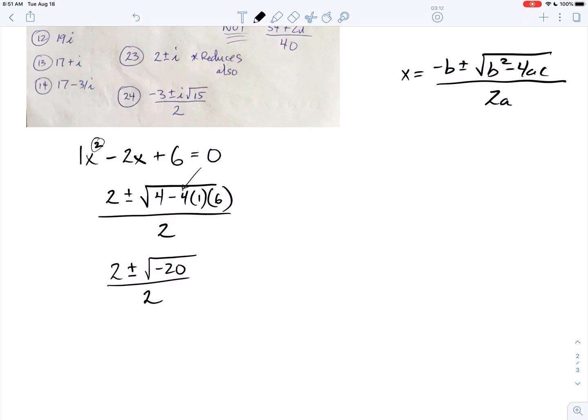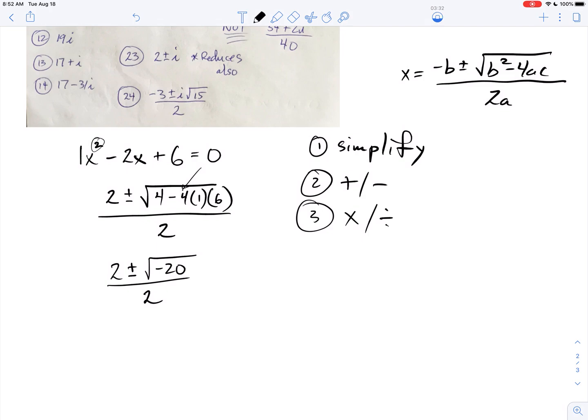However, the state of California wants me to teach you the basics, which are: how do you simplify complex numbers? How do you add and subtract them? How do you multiply and divide them? That's what the state of California wants me to show you. And I will do that because I work for the state of California.